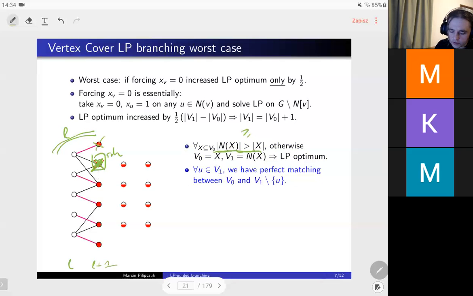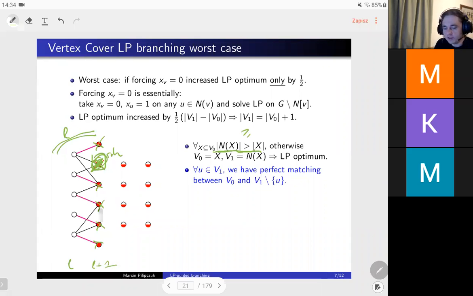So as well, you can take all these guys. What I'm saying is that if there is a guy taken into your vertex cover, then omitting this guy, you still have a perfect matching between zeros and ones. So you need to use at least L guys in this part of the graph. So you could as well take the entire V1 part.